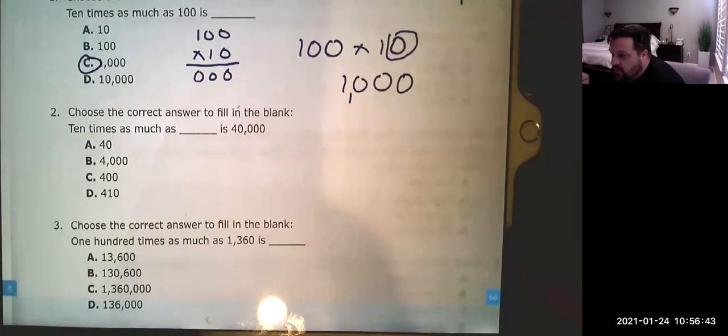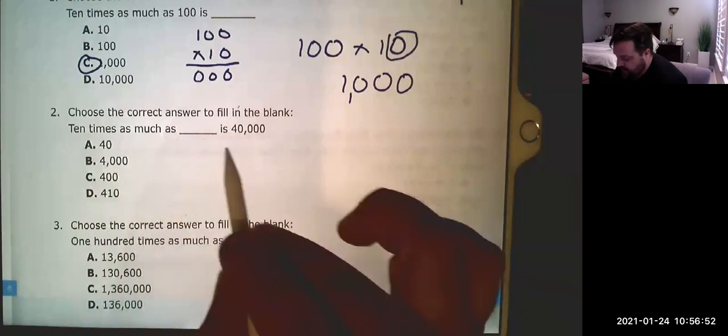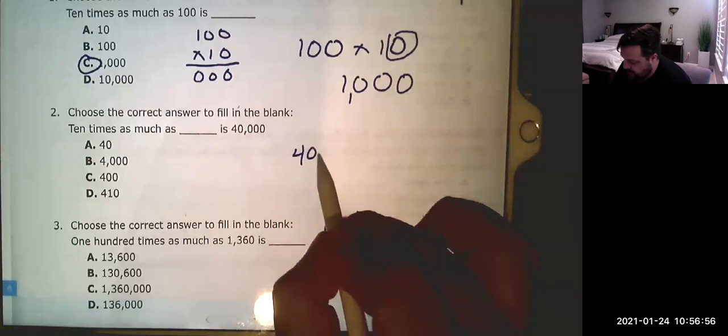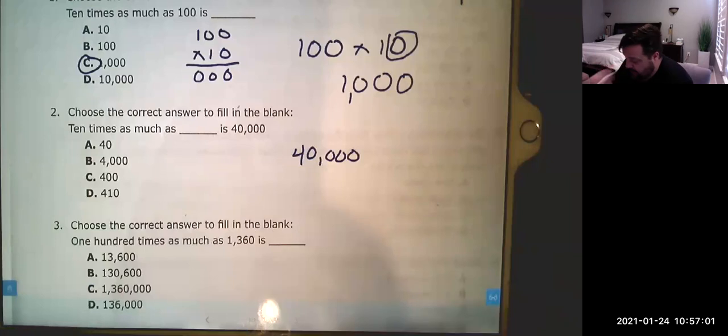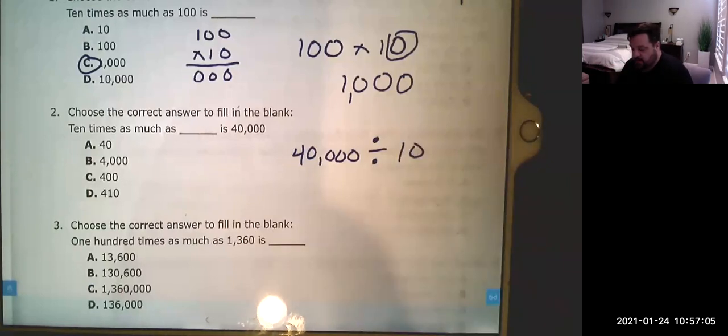Okay, so when you look at this one, you have to think about the same thing, right? 10 times as much as blank is 40,000. So we're basically doing the reverse here, right? So you're taking your 40,000 and you want to find out what we multiplied to get the 40,000. So you would switch it and do division by 10, right?